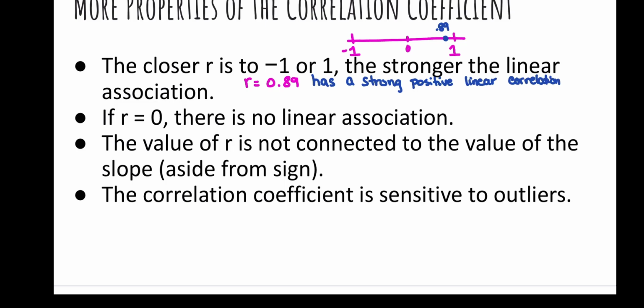If you had r equals -0.92, where does that fall? That falls really close to -1 right here. See how that is really close to -1? So that means it has a strong, in this case negative, linear correlation.